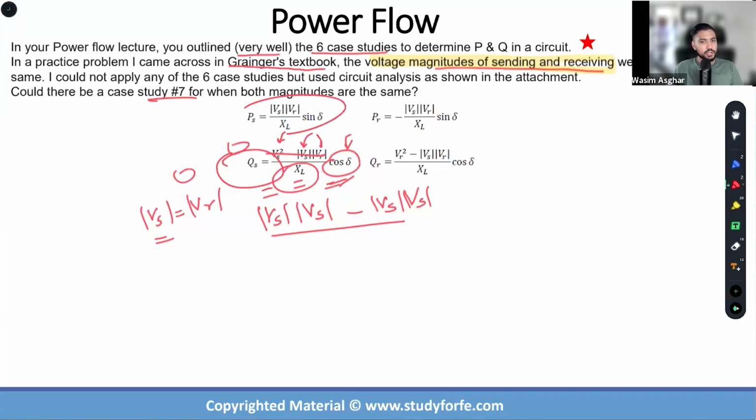What can we say about the real power using this approach? I can simplify the equation for real power, the sending and the receiving. We've discussed that in detail as well, right? So Vs times Vs. Can we most definitely, in definite terms, say that real power is going to be 0 or non-zero?